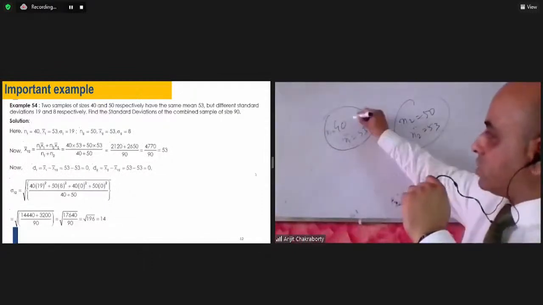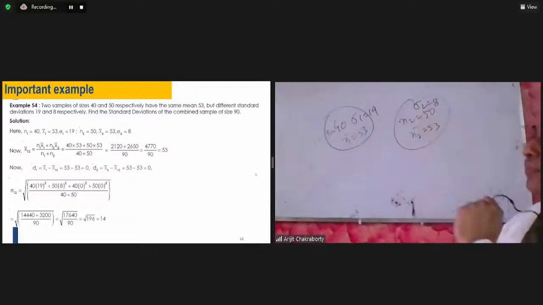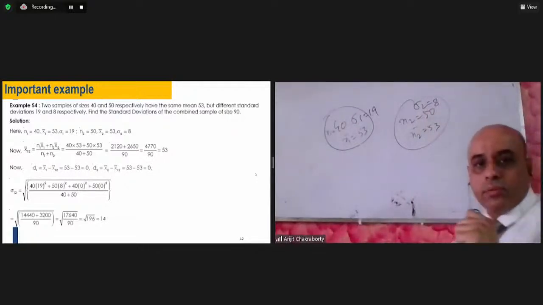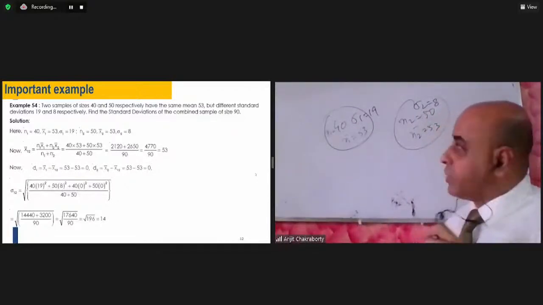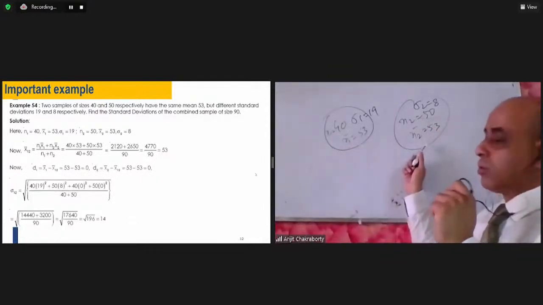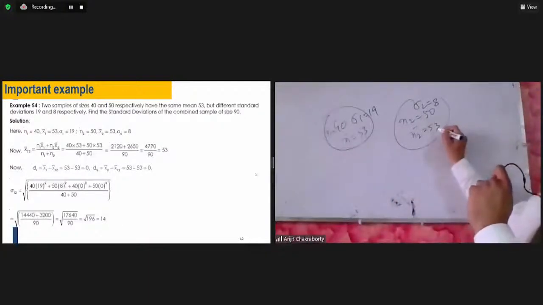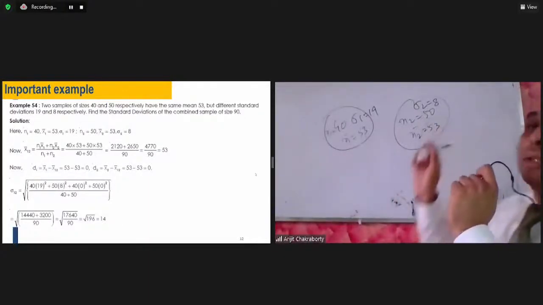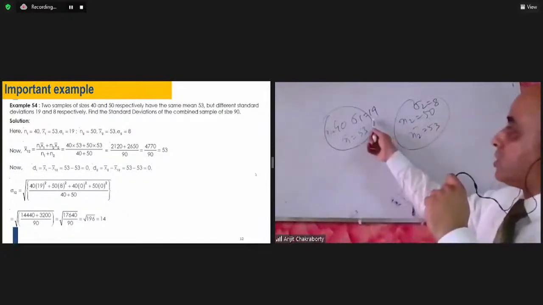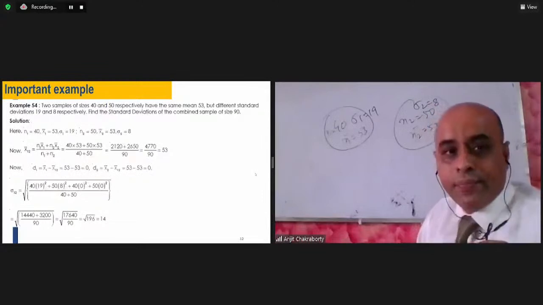So standard deviation sigma 1 is 19 and sigma 2 is 8. So we have got quite a number of figures now. So we have two groups, 40 members in the first group, 50 members in the second group. The average of the first group is 53. The average of the second group is also 53. The standard deviation of the first group is 19, and the standard deviation of the second group is 8.